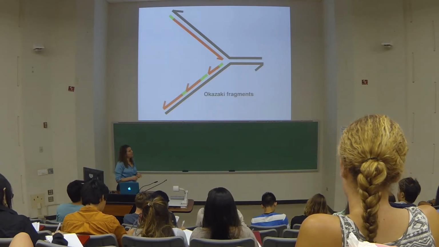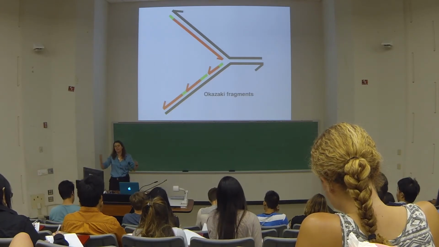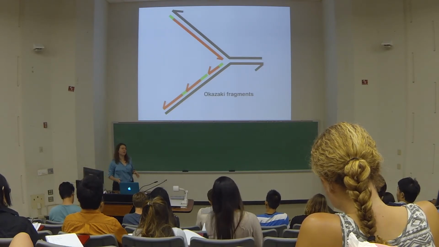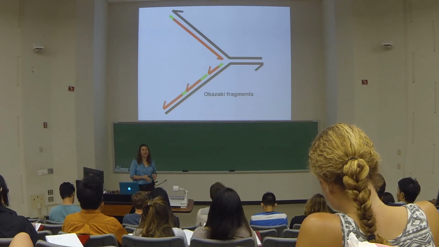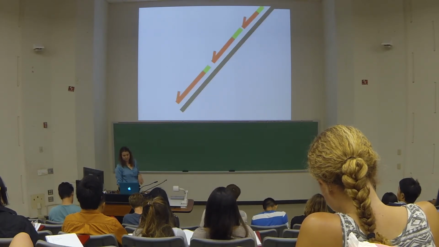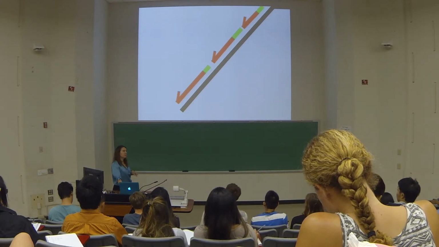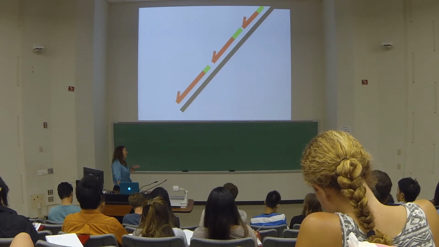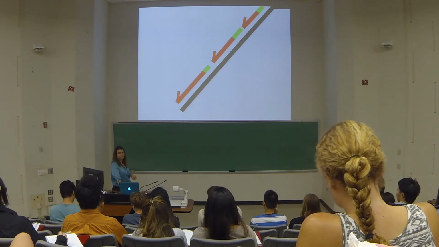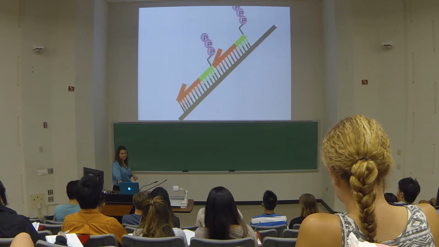All right, so we have a problem on the lagging strand in that what we really want is a continuous copy of DNA. What we have is short fragments with bits of RNA in the middle and a gap. So how do we get these Okazaki fragments put together so that the lagging strand is also a complete copy? Polymerase 1 and ligase.